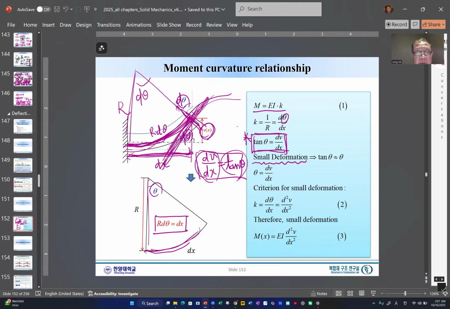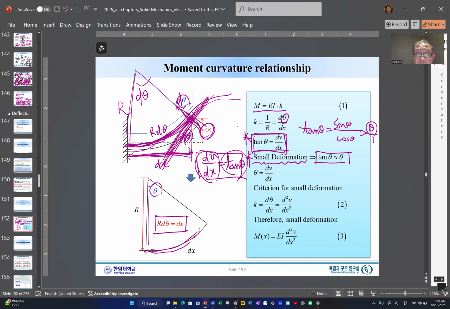Small deformation is what we are covering right now in beam theory. So in small deformation, tangent theta is theta. This is very well known, right? Tangent theta is sine theta over cosine theta, and for small theta, cosine is one and sine is theta. So tangent theta is approximately theta.